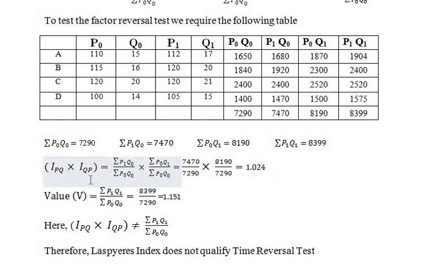IPQ into IQP is not equal to summation P1 Q1 by summation P0 Q0. So from this, what will be our conclusion? We will write, therefore Laspeyres index does not qualify the factor reversal test. So in this way we have to conclude after we do the calculation.